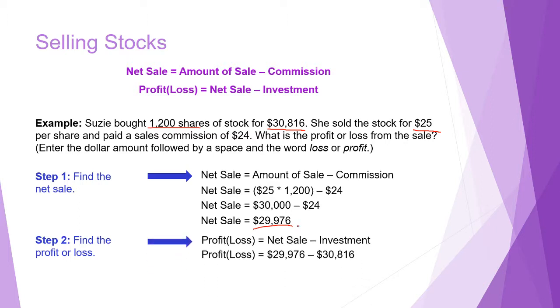That is $29,976 minus $30,816, giving us negative $840. Remember I mentioned earlier, a negative answer means a loss. So if you couldn't make that connection before we did the second step, you should know negative is a loss, positive is a profit. Alright, so there was an $840 loss from the sale.